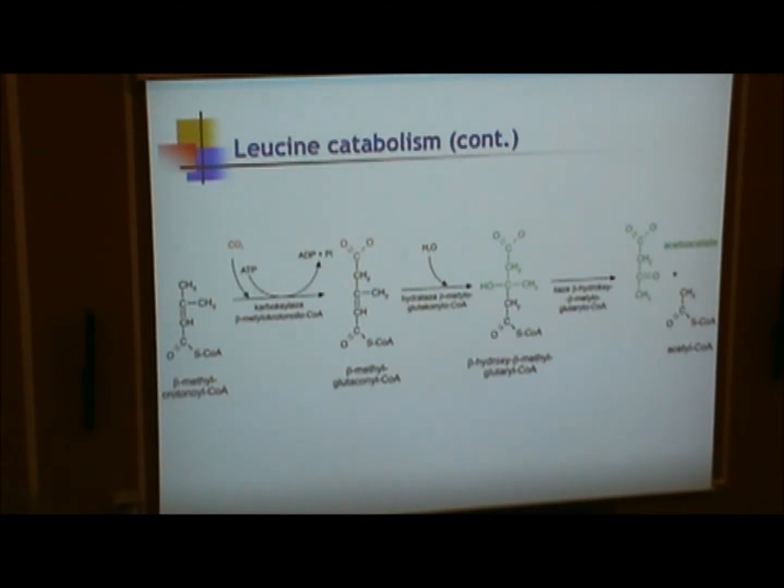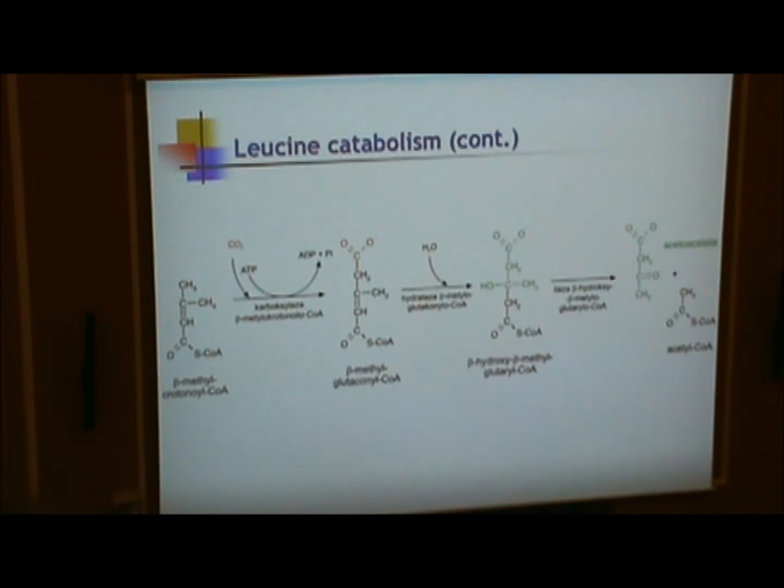This metabolite is submitted to the action of beta-methylglutaconyl coenzyme A hydratase. A water molecule interacts with the double bond, forming this carboxyl group, hydroxyl group, and this CH2 group.